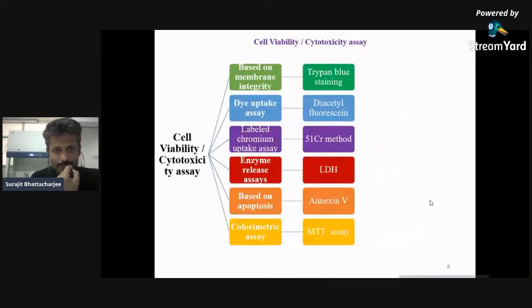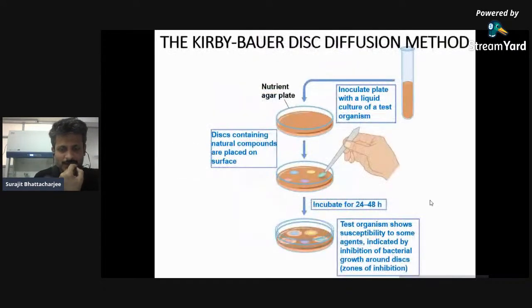And then, once we screen the antimicrobial potential of a compound, we can check the cytotoxic activity of those compounds, because once a compound has been identified as possessing antimicrobial activity, before further screening for its anti-infective potential in a living organism, we need to check its cytotoxic profile.